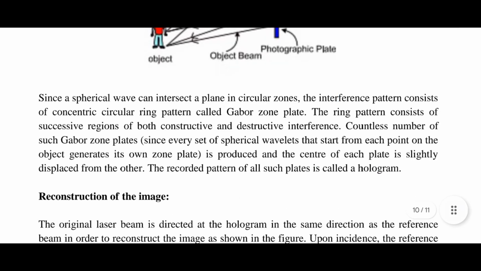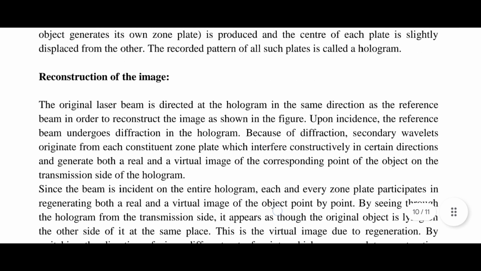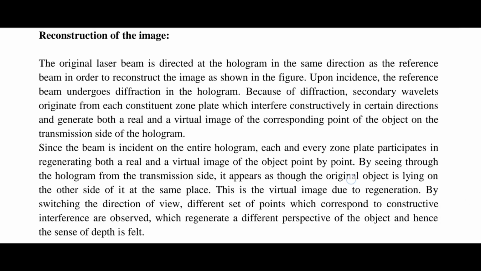Next, the reconstruction of the image. The original laser beam is directed at the hologram in the same direction as the reference beam. In order to reconstruct the same image, the reference beam undergoes diffraction, and secondary wavelets originating from each constituent zone plate interfere constructively.